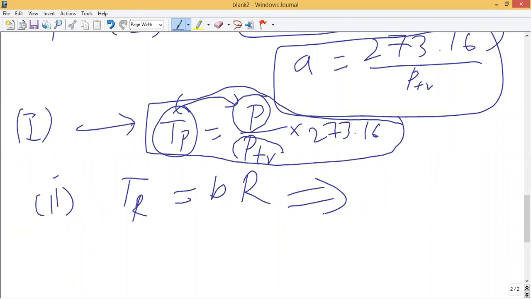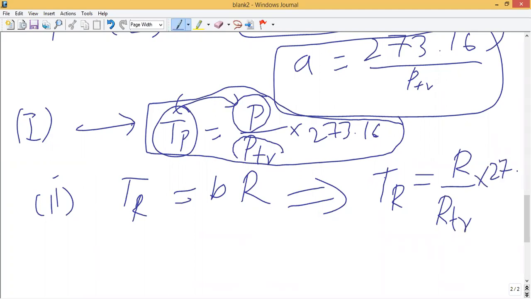Okay, so you can write it as TR. We are just writing only the formula, so that will be R over R triple point multiplied by 273.16. So this is the formula for finding the temperature on a platinum thermometer.